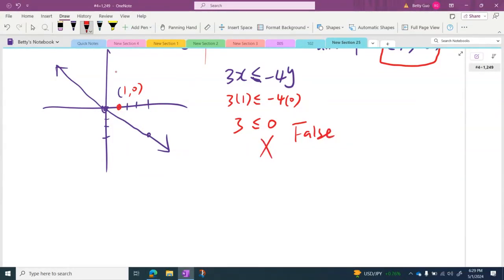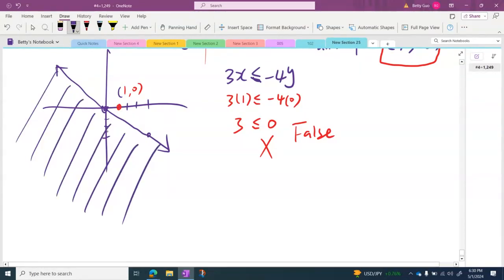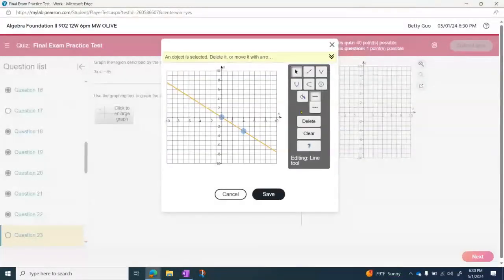So it's not true. That means the region we're looking for does not contain (1, 0). It does not contain the testing point. So we have to shade the region below the boundary line.